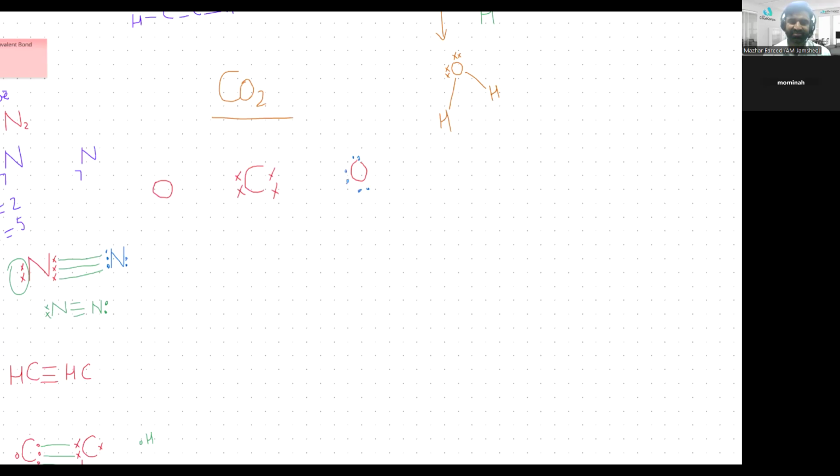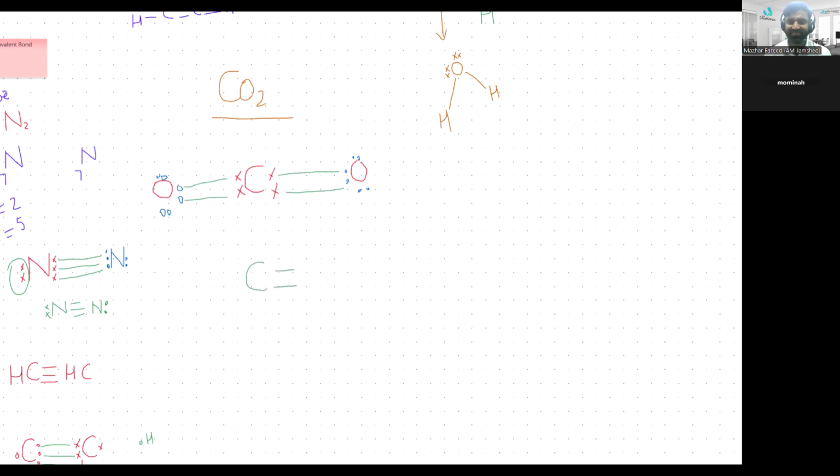And likewise, this will mutually share with this electron, and this will share with this. So this structure will be a double covalent bond.